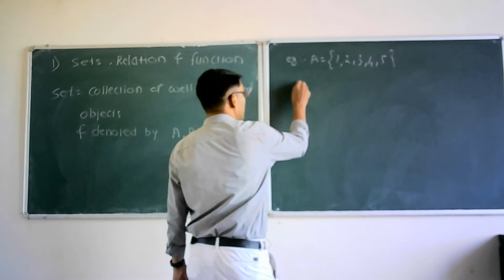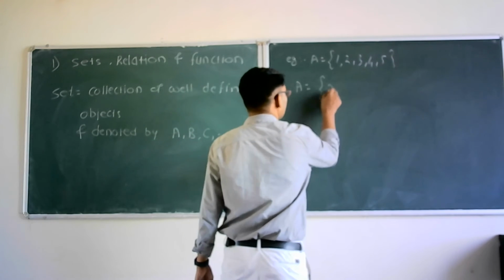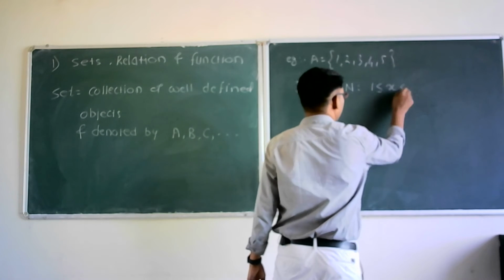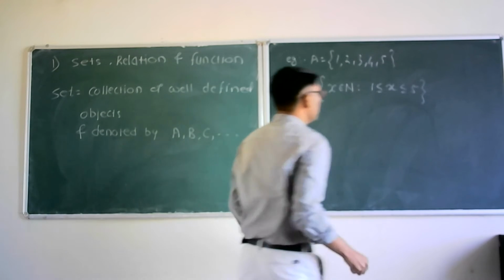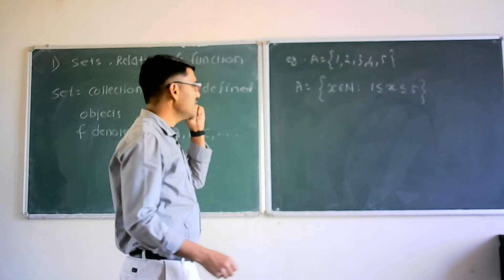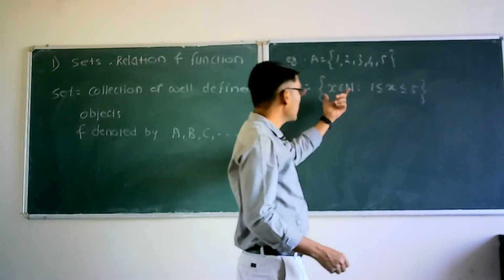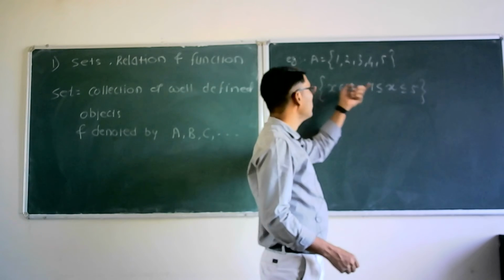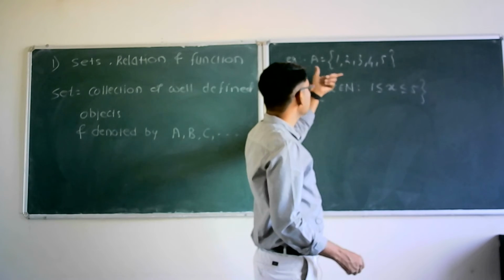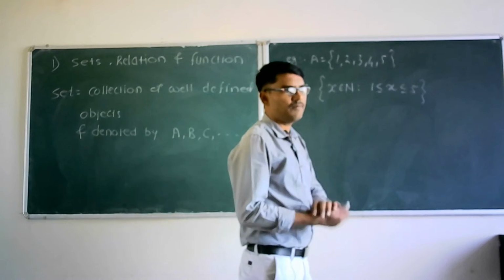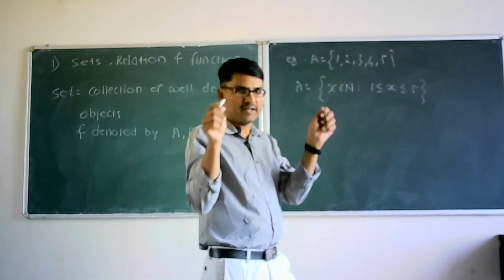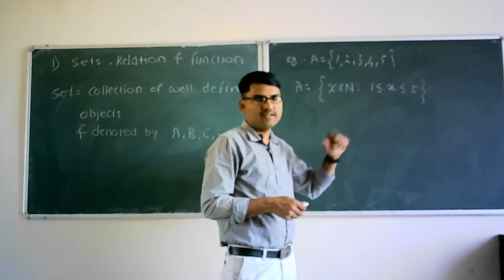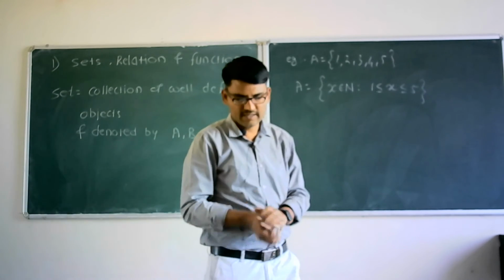Or we can also represent this set as the collection of all x belonging to N such that 1 is less than or equal to x, less than or equal to 5. So these are the two methods to represent a set. There is some condition on x: x is a natural number, 1 less than or equal to x less than or equal to 5. Or you can represent this as A is equal to 1, 2, 3, 4 and 5. You can enclose your elements in curly brackets, or give some condition, and this way also you can represent a set.